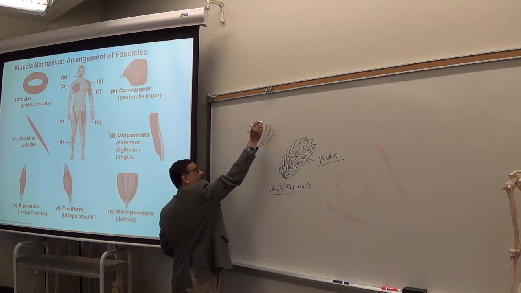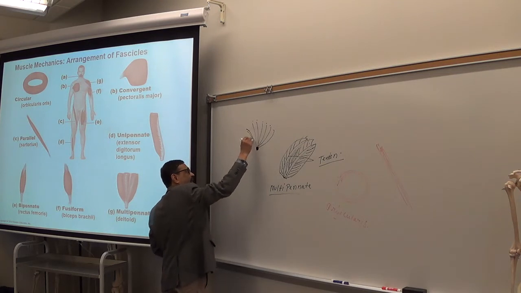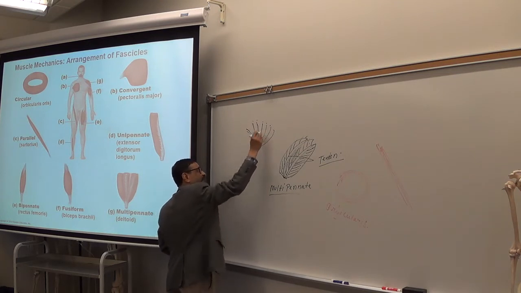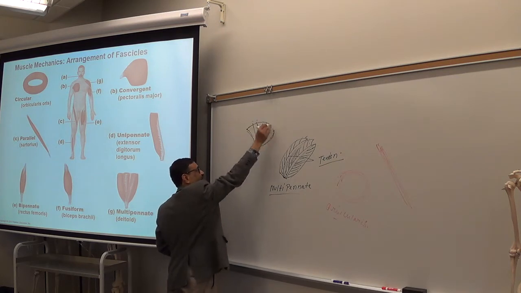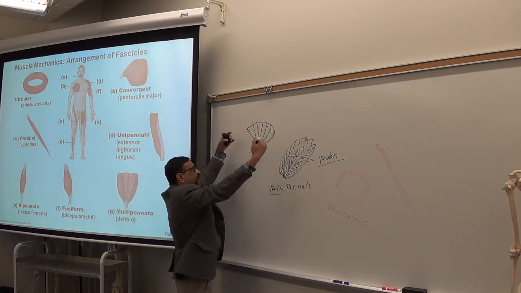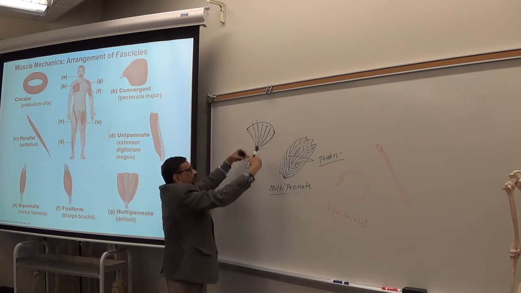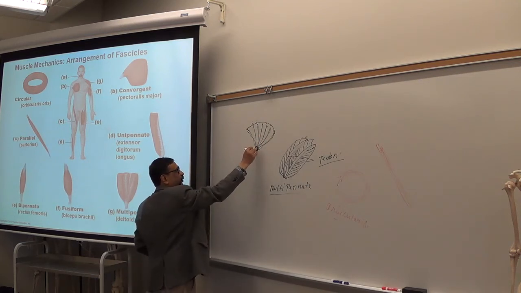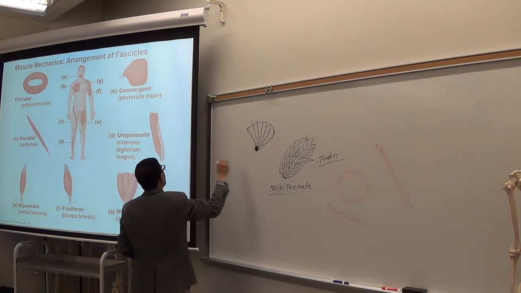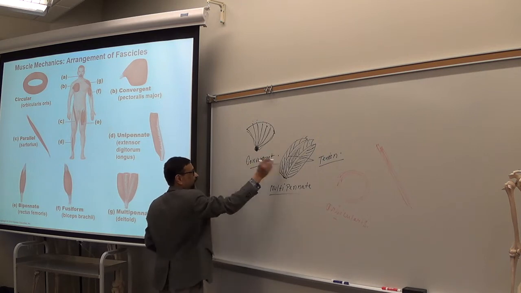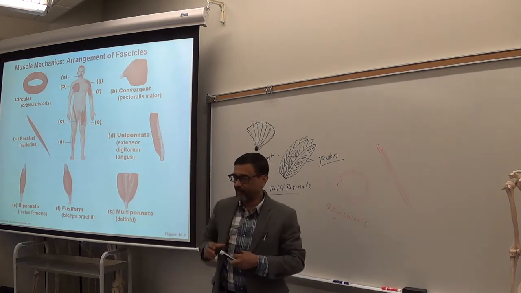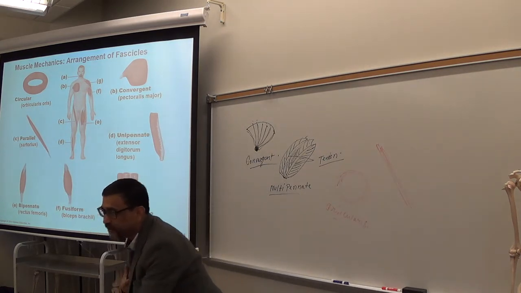So this is called convergence, coming from different directions but meeting at one point. This is a convergent type muscle.